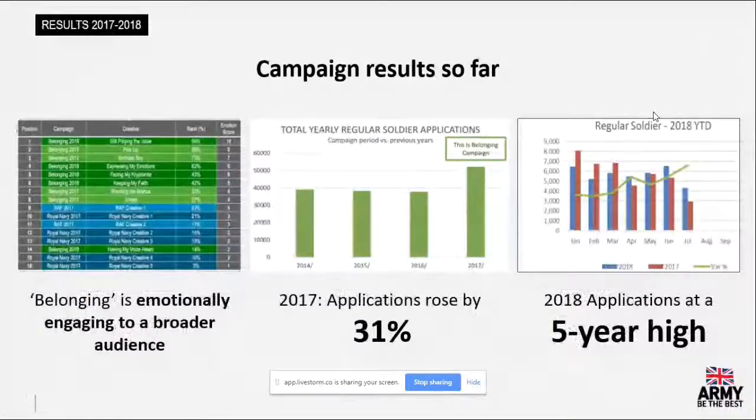So we then use a lot of that research to build a campaign. At the moment, we're in a reiteration of something we've called the Belonging campaign, which started 2 years ago. We've got some results here of that. We do quite a lot of work around checking when we do the advertising.